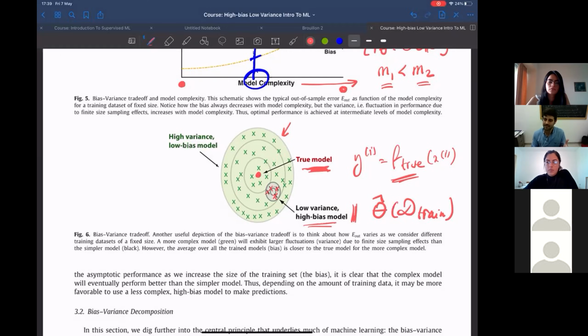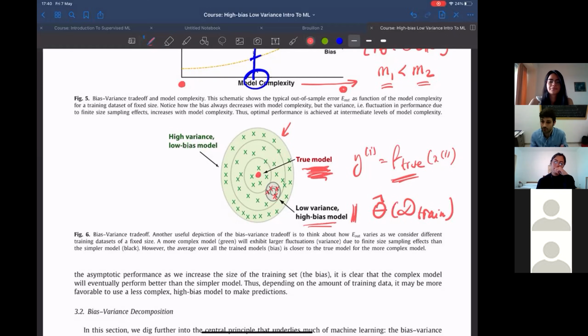Instead, if you consider a much richer class of functions, this huge space of green functions, in theory you could capture the true model if you had access to infinitely many data points, because the true model belongs to this class.